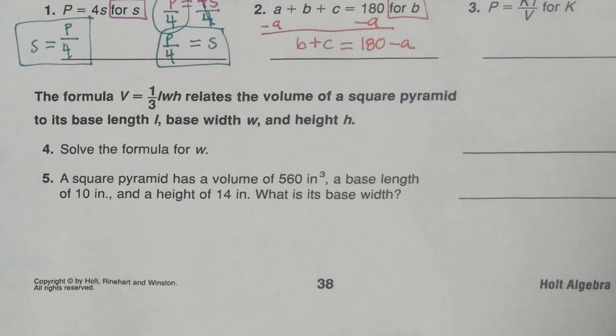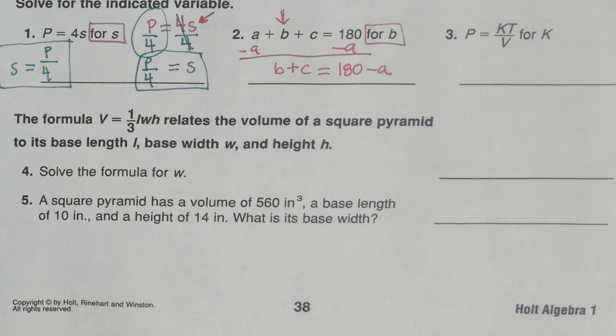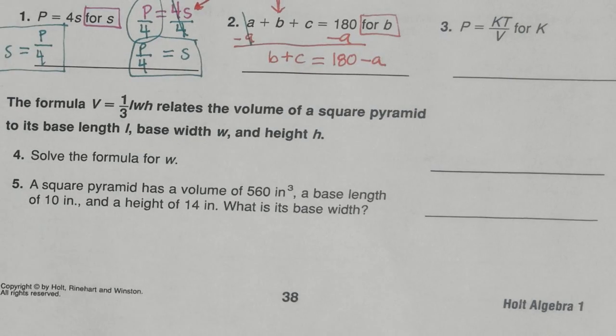Okay, is B alone yet? So A minus A is 0. If it's 0, then you don't have to write anything, okay? All right, one more step to get B alone. Anybody want to tell me what it is?